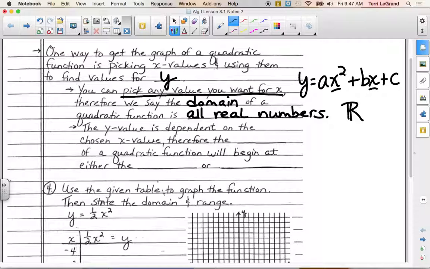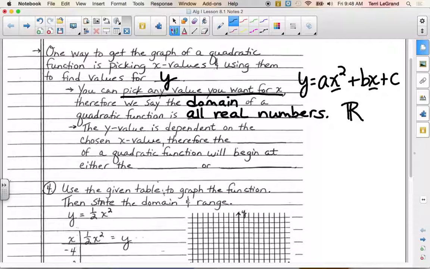Sometimes when we talk about it, we have parts of the all real number set, parts of our domain that aren't reasonable. Let's say x is representing time in the quadratic function. Would it be reasonable to say that the domain of that particular function was all real numbers?